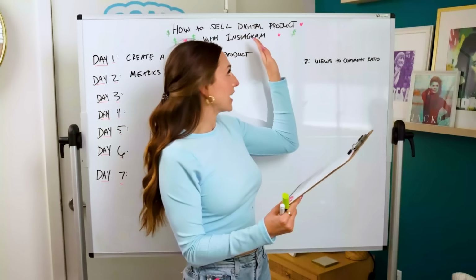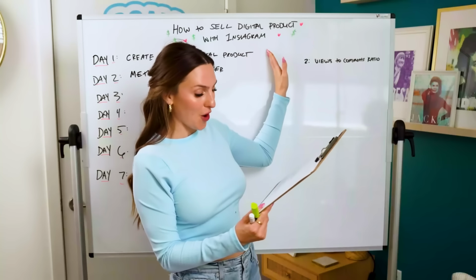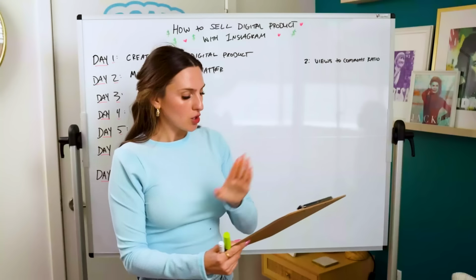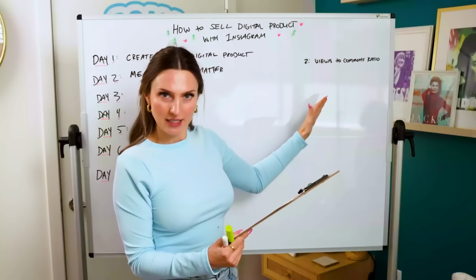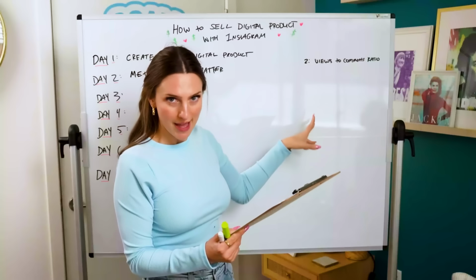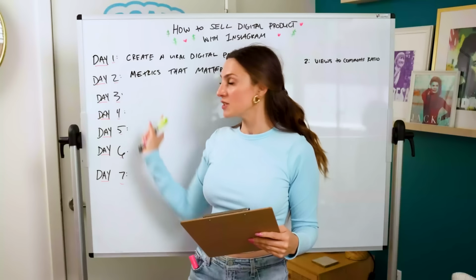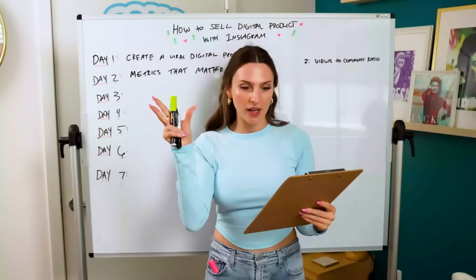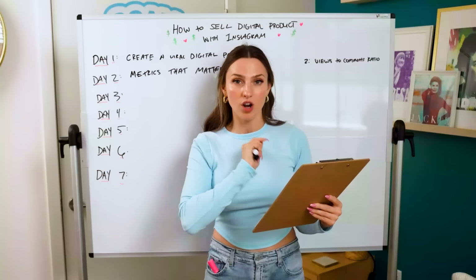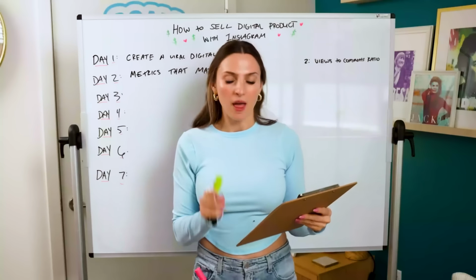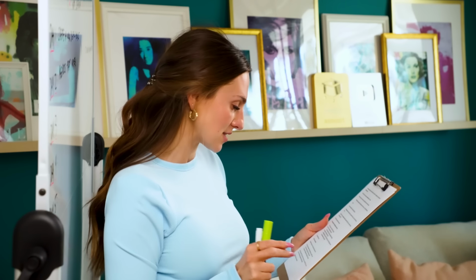When you're using Instagram to sell your digital products, comments equals sales. So the more comments you get, the more sales you make. Okay, so just file that away in your head for now. We're going to dive into it deeper one of these days, but just file it away that the more comments you get, the more sales you make. And so a big part of this game of selling digital products on Instagram is getting more comments.